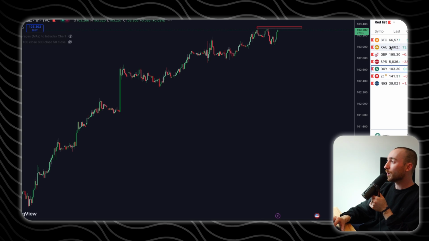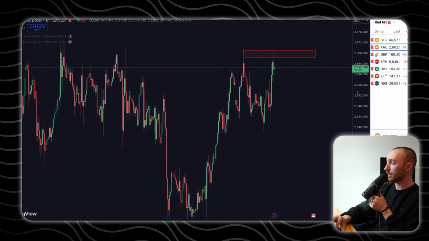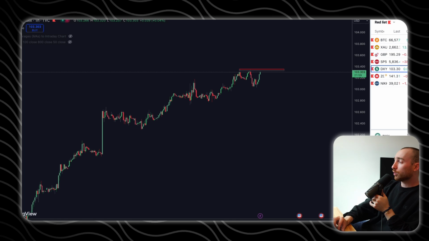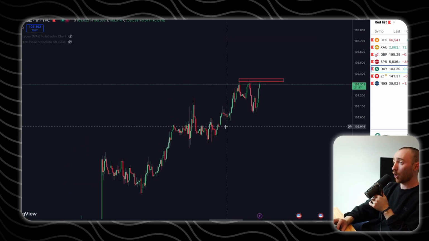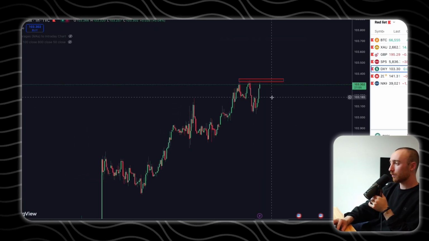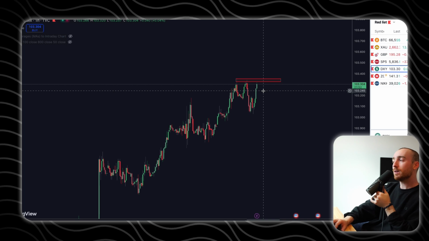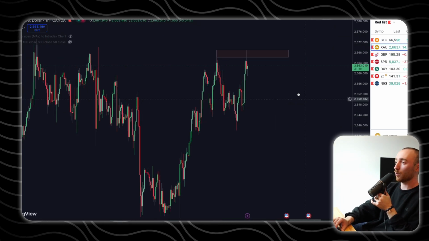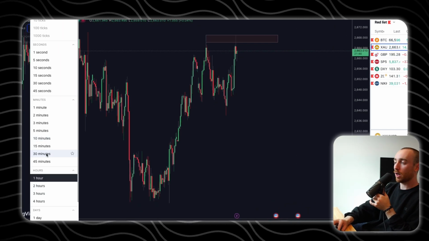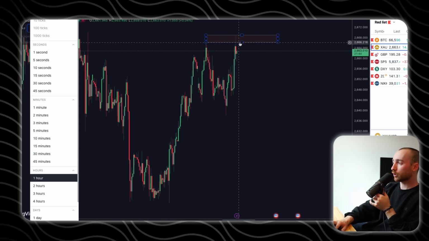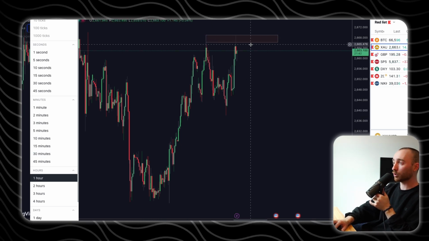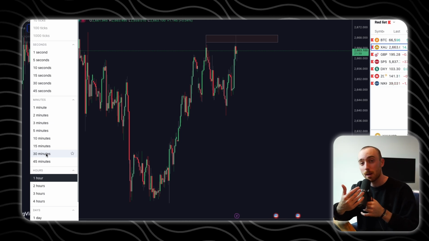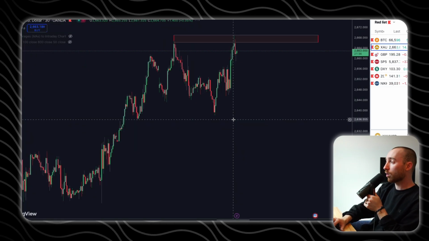So for example, we can see here that gold is at a resistance, which means I think gold's going to drop. In order for gold to drop, we need the dollar to rise, but that's not happening right now. So if the dollar index is about to drop because of this resistance, what kind of buy could we potentially see? Well, maybe if we were to hop down on a lower time frame, you could see here, we've already had the double top resistance on gold. However, because of the dollar index, we know that maybe there's actually a bull case for gold.